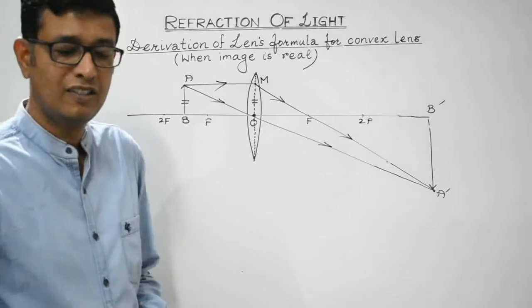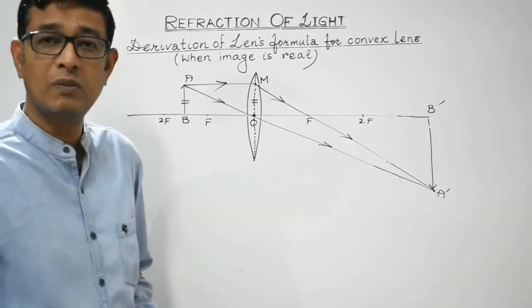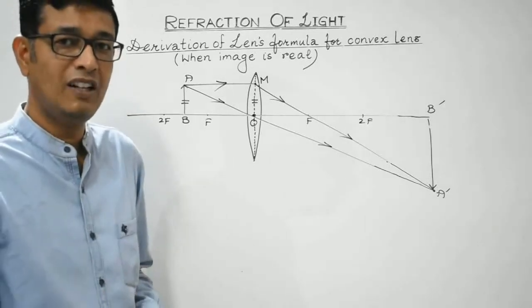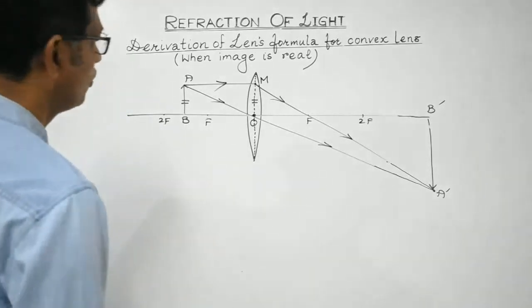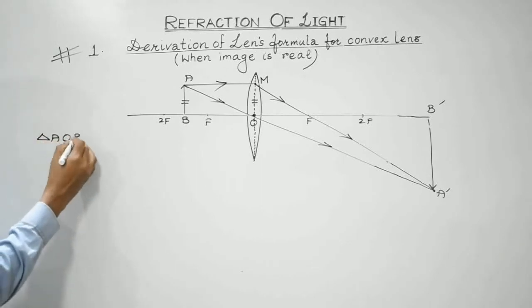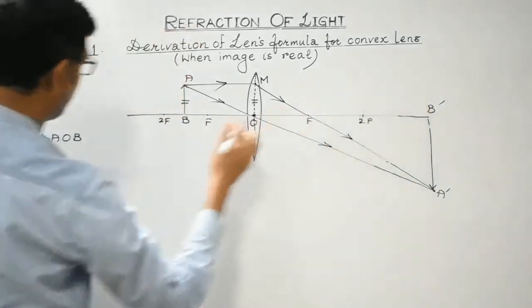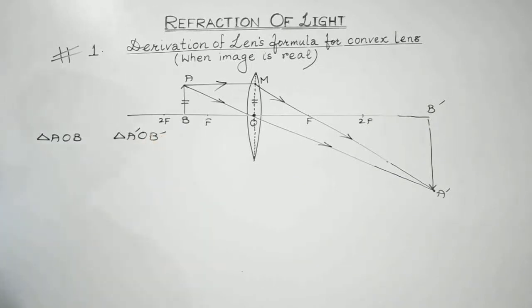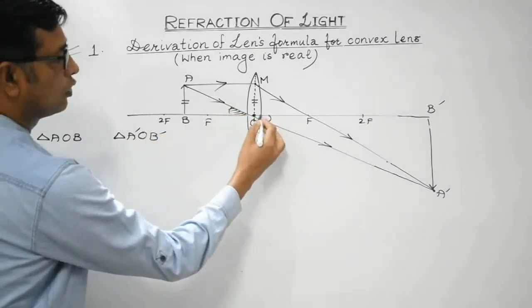Now what to do is, we need to consider two pairs of triangles, right? Students, you must remember the manner in which we have derived mirror formula. In this case also, we need to proceed in a similar fashion, right? So let's consider triangle AOB and triangle A dash OB dash. Now look students, this angle is equal to this angle.